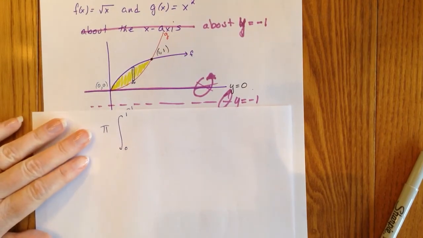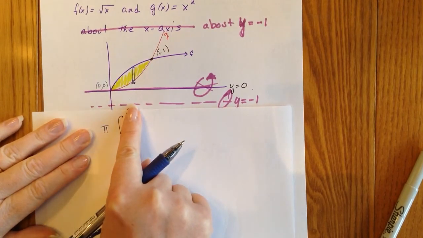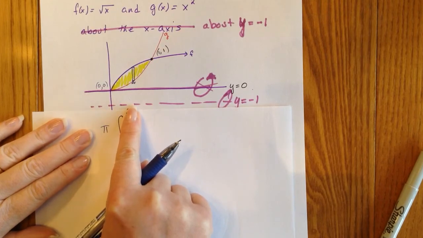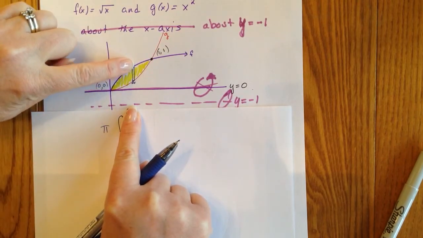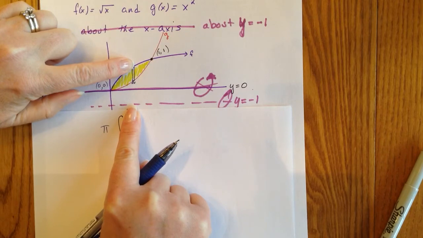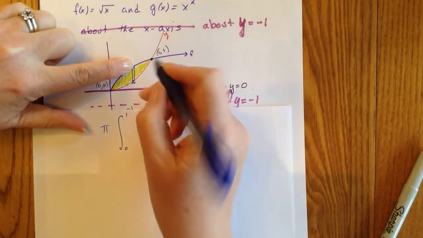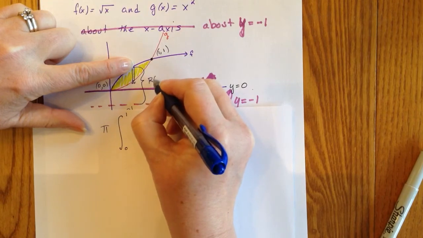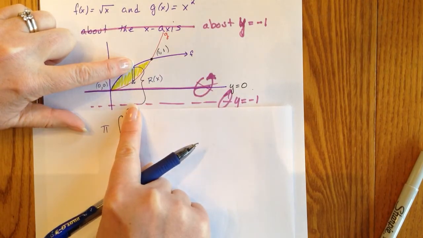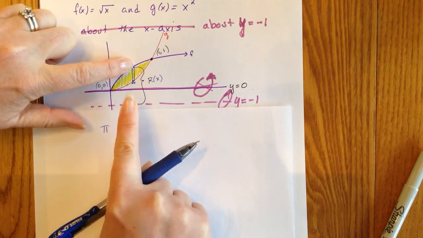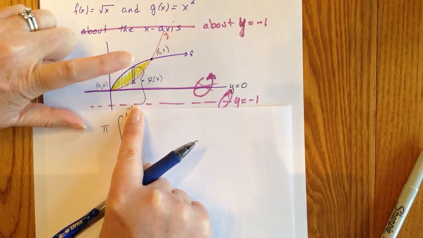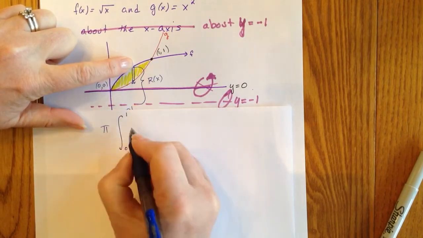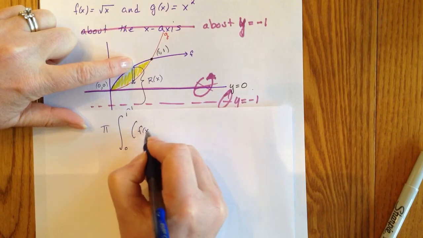Put your finger on the axis of revolution. It's down here. Put your finger as far away on the rectangle as it can go. This is now capital R of x. And it is top minus bottom. What's your top finger on? f of x.